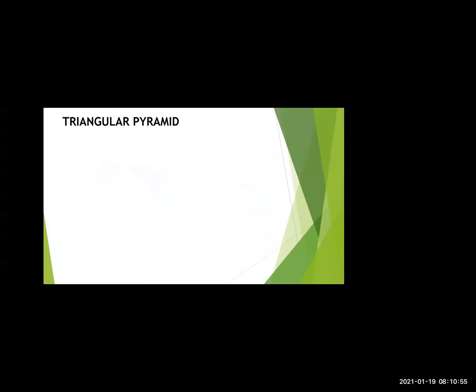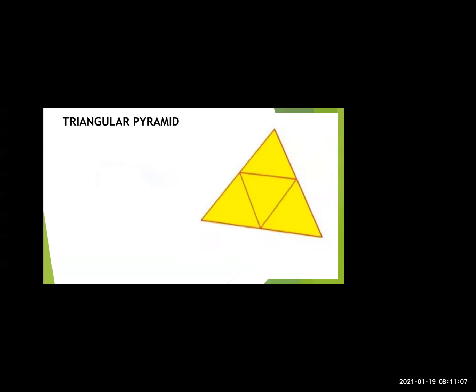Now next, triangular pyramid. Just now we saw the quadrangular pyramid, where the base was a square. Now here, triangular pyramid. In this figure you can see one flat surface; the net of the shape is given.